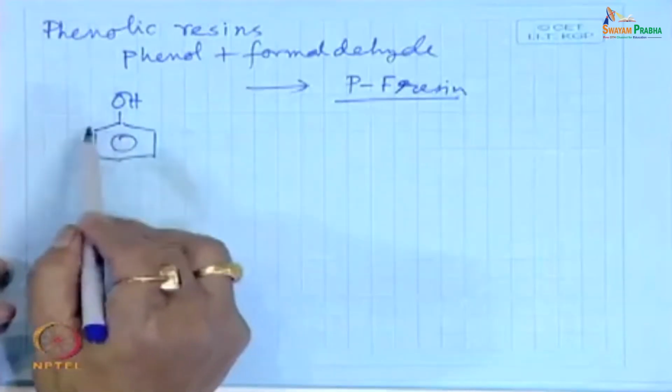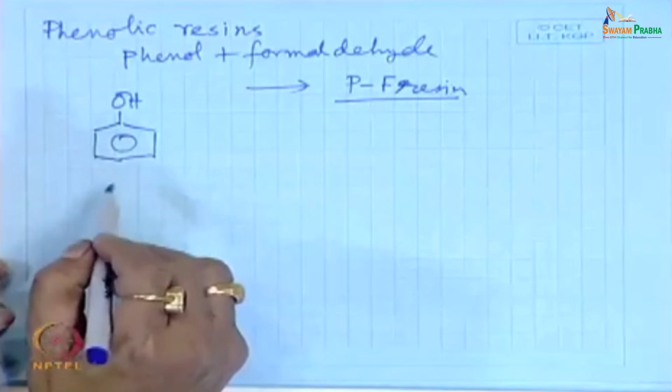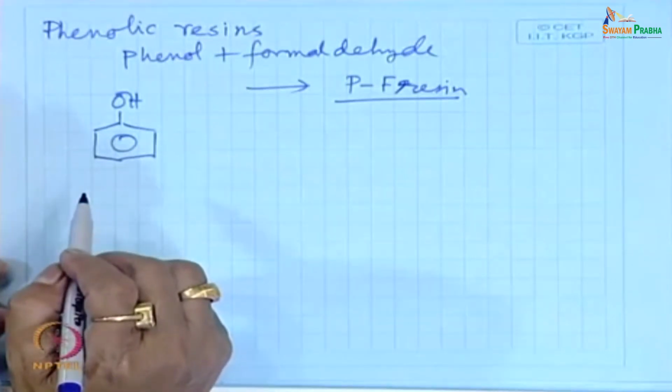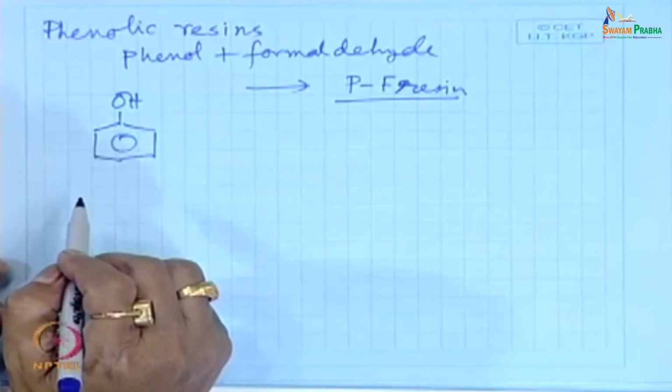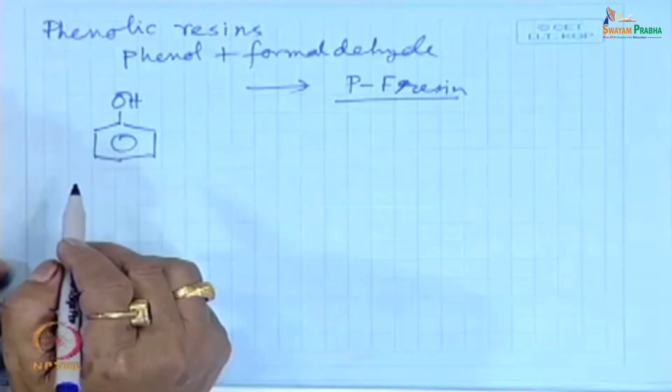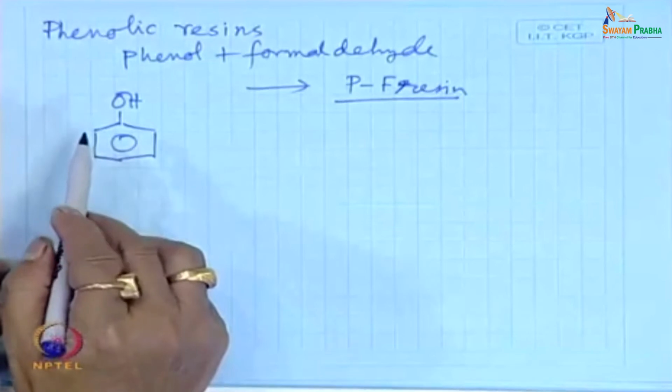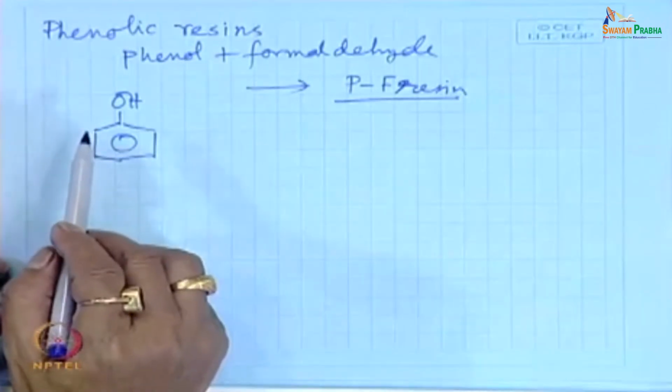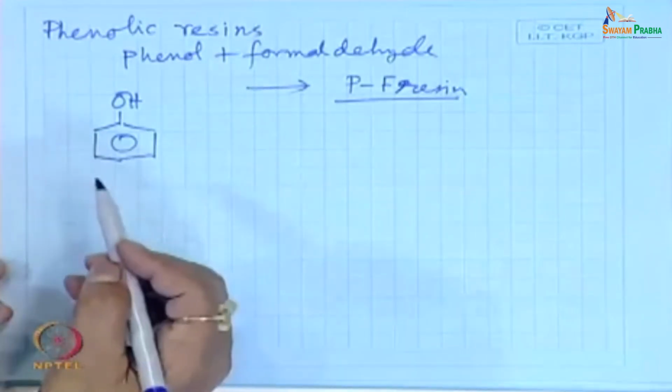But I like to mention here this phenol. How many functional sites are there? One of you is telling it is 1 and some other is telling it is 6.